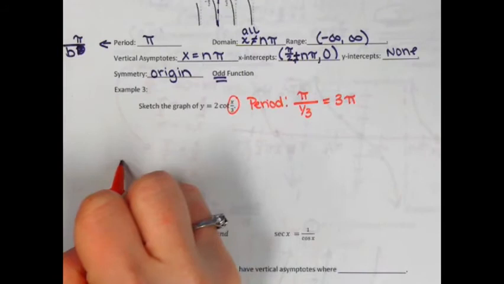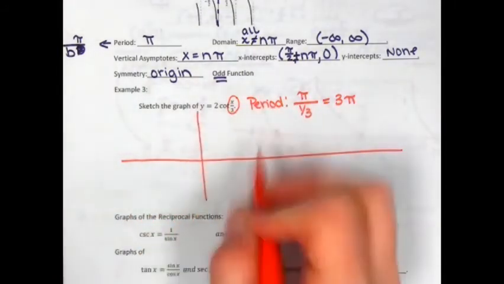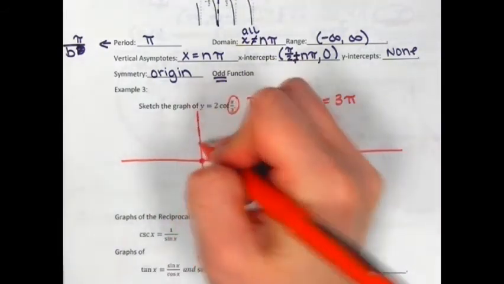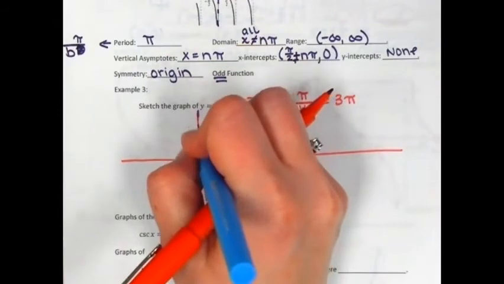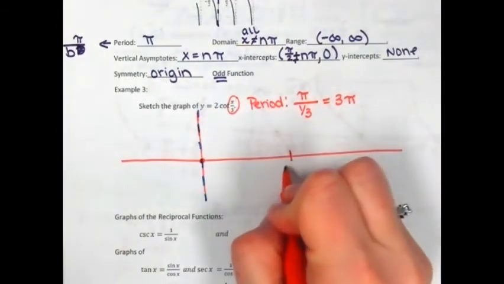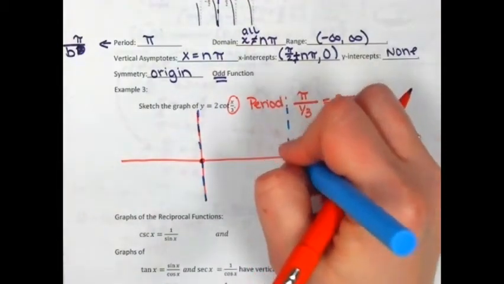So if I look at and draw this, we would go from 0, we would have this vertical asymptote, and I'll go over it with blue. Then we're going to go all the way out to 3 pi, where we'll have a vertical asymptote. Where else then?